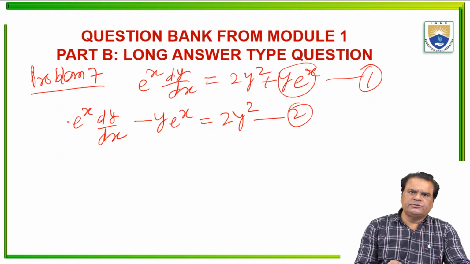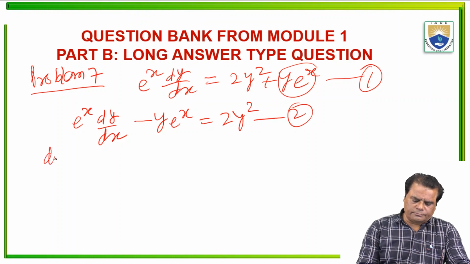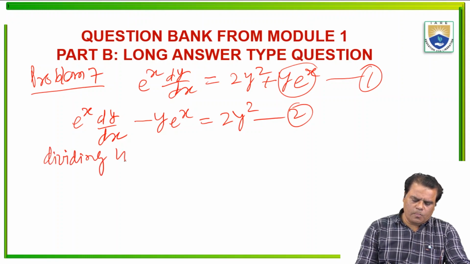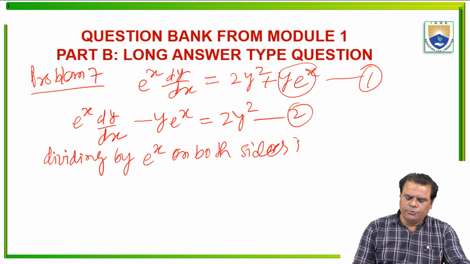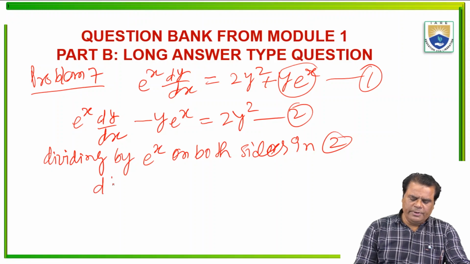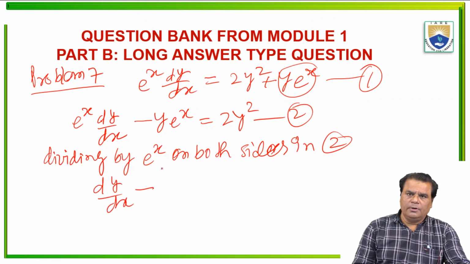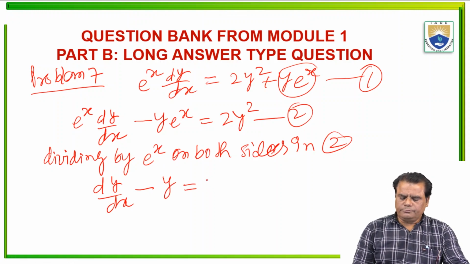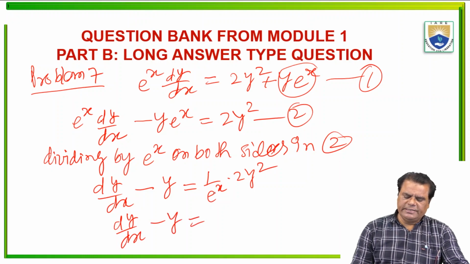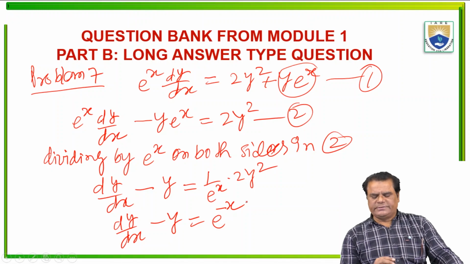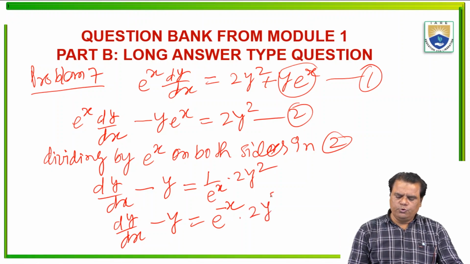Dividing by e to the power x on both sides, we get dy/dx minus y equals 1 upon e to the power x into 2y², which is dy/dx minus y, taking this term in the numerator, e to the power minus x into 2y².